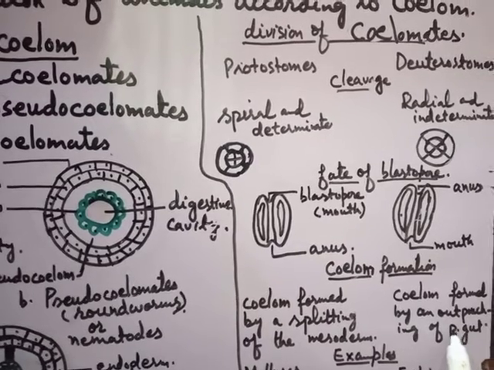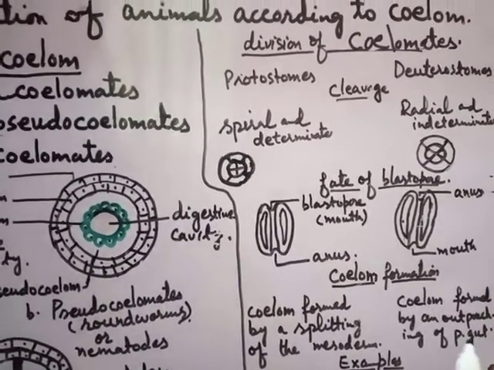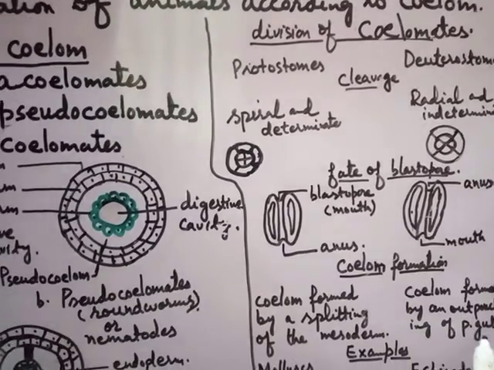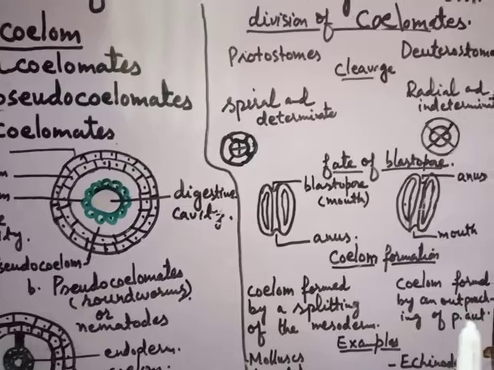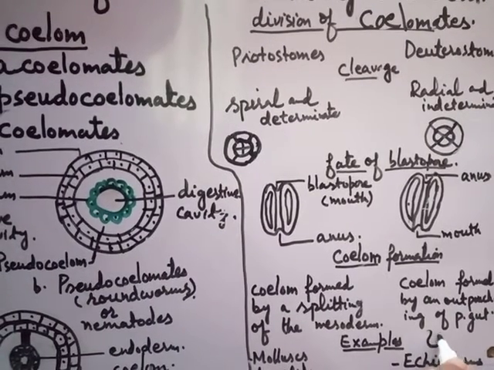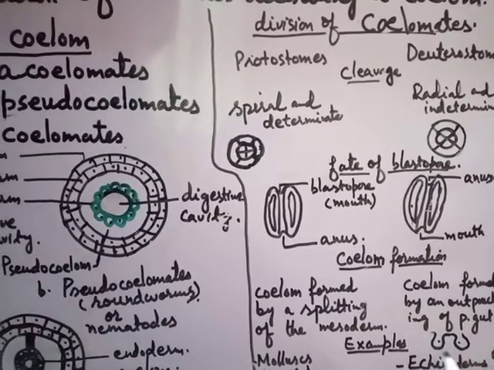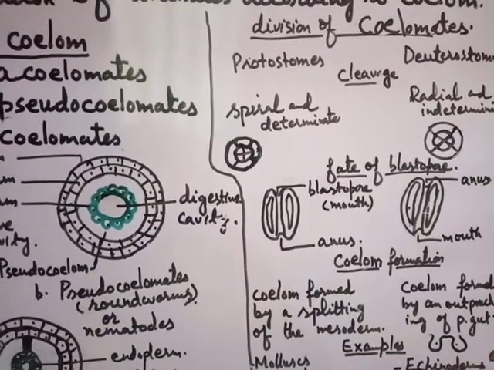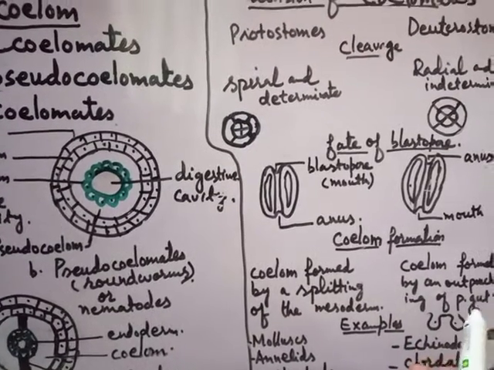Now students, the primitive gut is a gut which is formed during developmental stages and which is involved in digestion during embryonic stages, and this primitive gut outpouches to the outside. Now you can see these pouches are outpocketings of the primitive gut, and which is involved in the formation of what? Coelom.